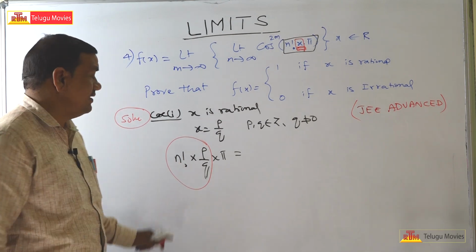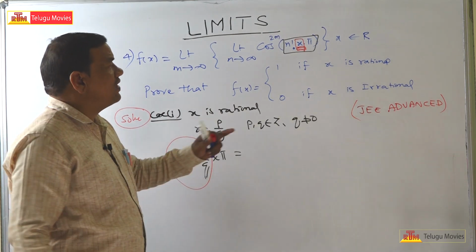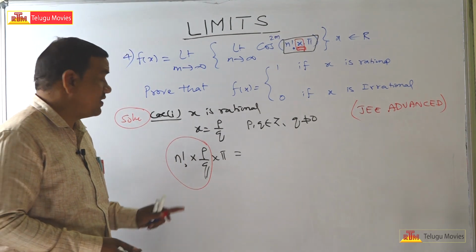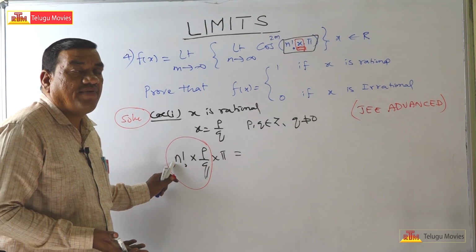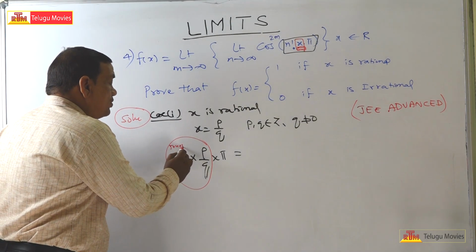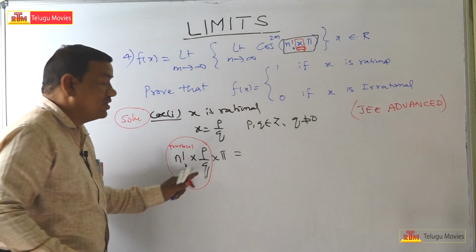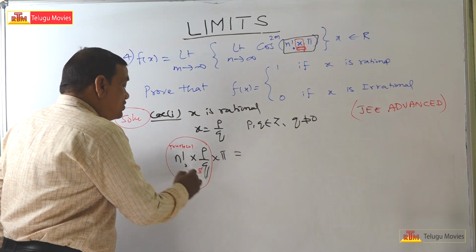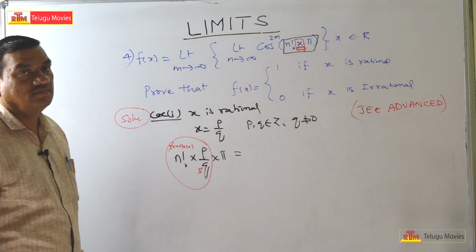Yes, we can cancel. n factorial means what? n is, of course, a natural number. For example, if you take 5 factorial, 5 into 4 into 3 into 2 into 1, then we can find a q value which can be cancelled.